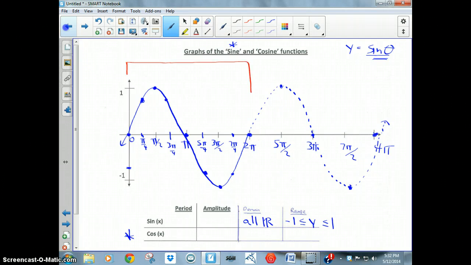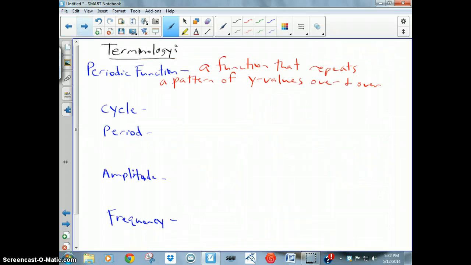From here to here is one full cycle, and then from here to here, the dotted line part, is the second full cycle. Now what do I mean by cycles? That means repeated y values over and over. A cycle is one complete pattern, either in the graph or the y values.